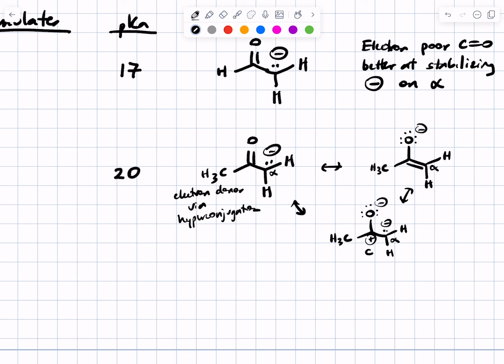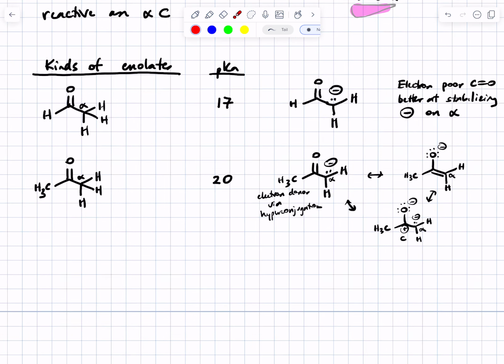So the more electron-poor the carbonyl carbon is, the better it's able to accept electron density from that alpha carbon to do this resonance structure. Does that make sense? So another way to think about it is if you've got an electron donating group here, that's going to destabilize the negative charge. And you've thought about things like that in Chapter 2 of 351 as you thought about inductive effects. Electron donating group should destabilize this conjugate base.